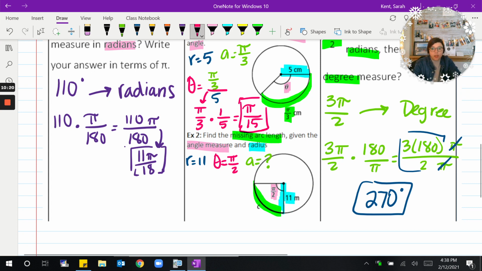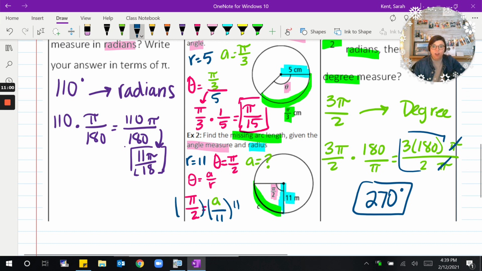Again, we're going to use our formula of angle equals arc over radius. If we plug in what we have, theta, our angle, is pi over 2. Our arc, we don't know that, so I'm just going to put A. And then my R, my radius, is 11. How can we solve this? Since 11 is on the bottom, I can multiply both sides by 11.